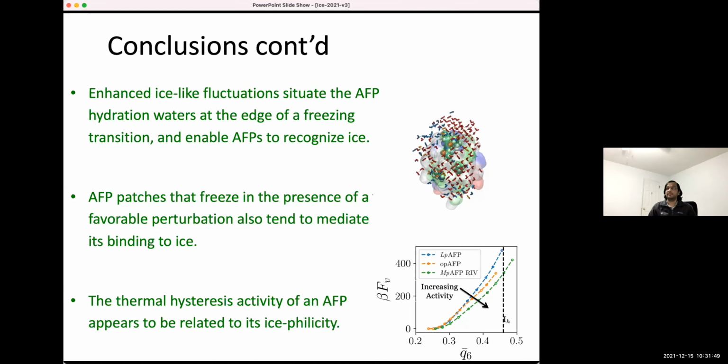But in terms of the ability of the ice binding site to nucleate ice in the presence of a favorable potential, the different classes of AFPs seem to be behaving in similar ways. Okay. Thank you. It's great work.